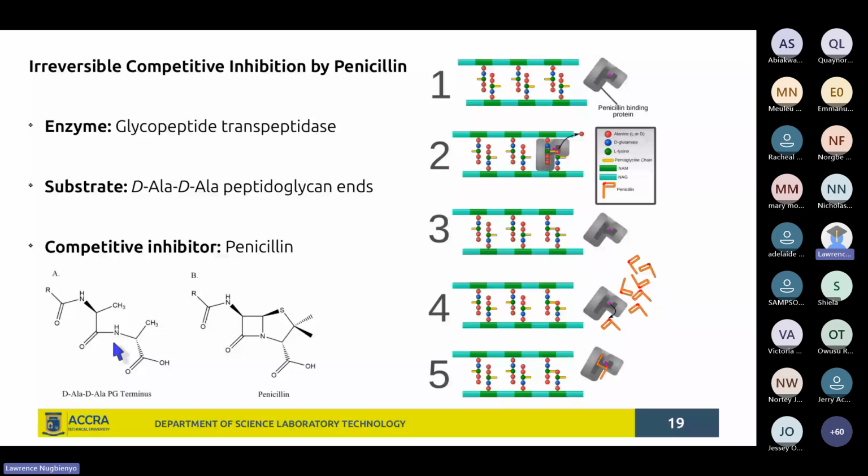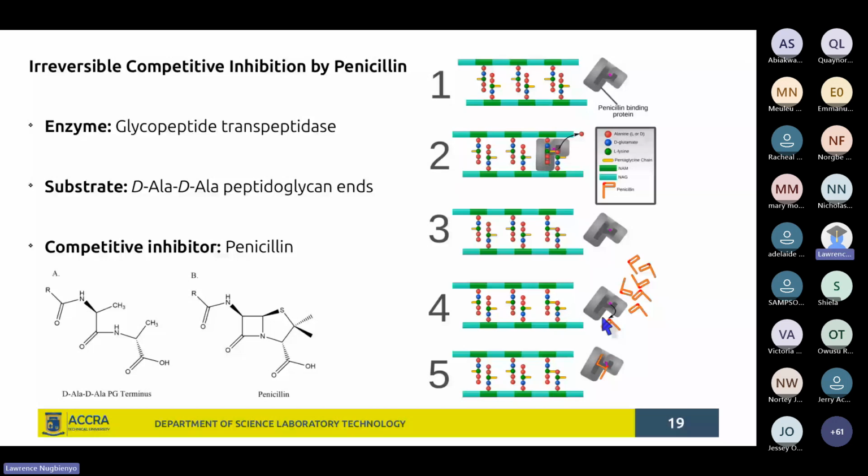If you look at this, it's much more like the penicillin which is opened. The ring is opened. So first of all, you see that the penicillin, yes, is closed, but then it opens when it reacts with that serine active center.